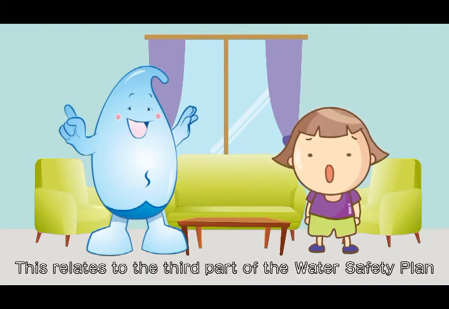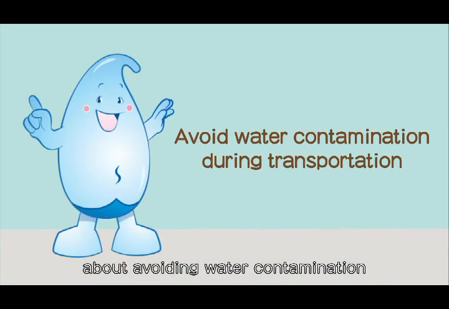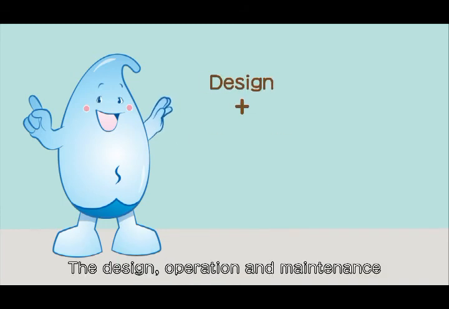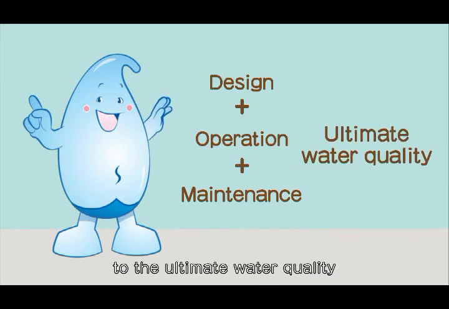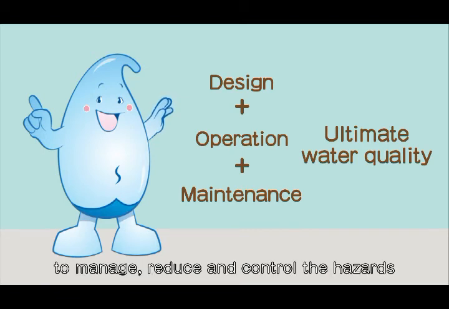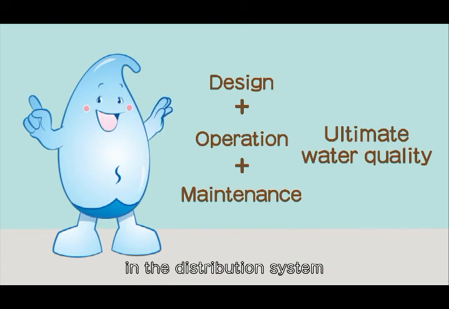This relates to the third part of the Water Safety Plan about avoiding water contamination during transportation. The design, operation and maintenance of the water network are critical to the ultimate water quality. WSD has established procedures and guidelines to manage, reduce and control the hazards that may affect the safety of the drinking water supply in the distribution system.